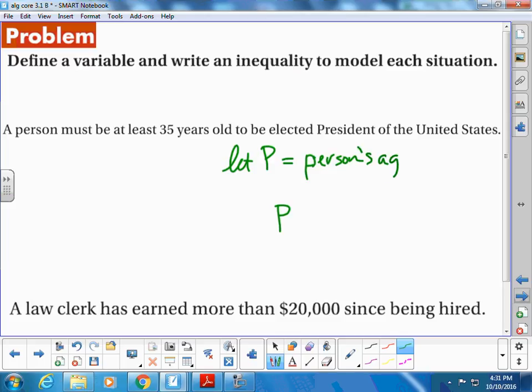P has to be at least 35. So it can be 35, but it has to be at least 35, so it would be like 36, 37, 38. So that would be greater than or equal to 35.